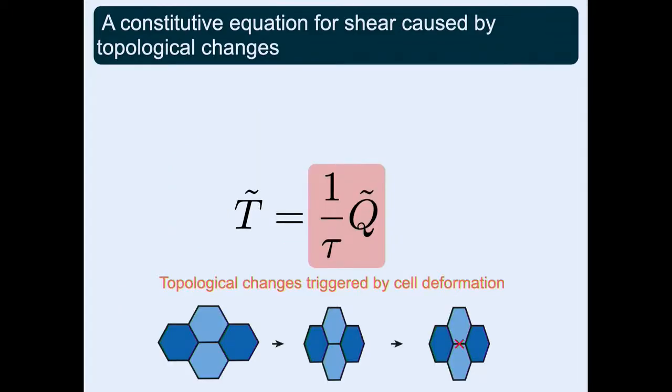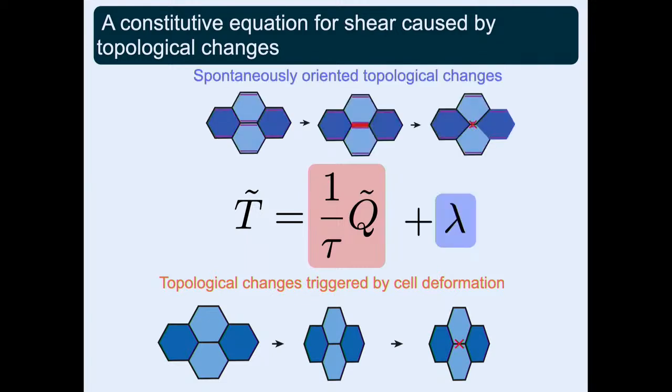So the first thing is we say that if cell elongation is happening, that can also change the T1 transitions. So it can depend on the T1 transition. And of course, to match the dimensions, because this is a rate, I have to put a tau here, which you can think of as the relaxation time scale of the cell elongation.